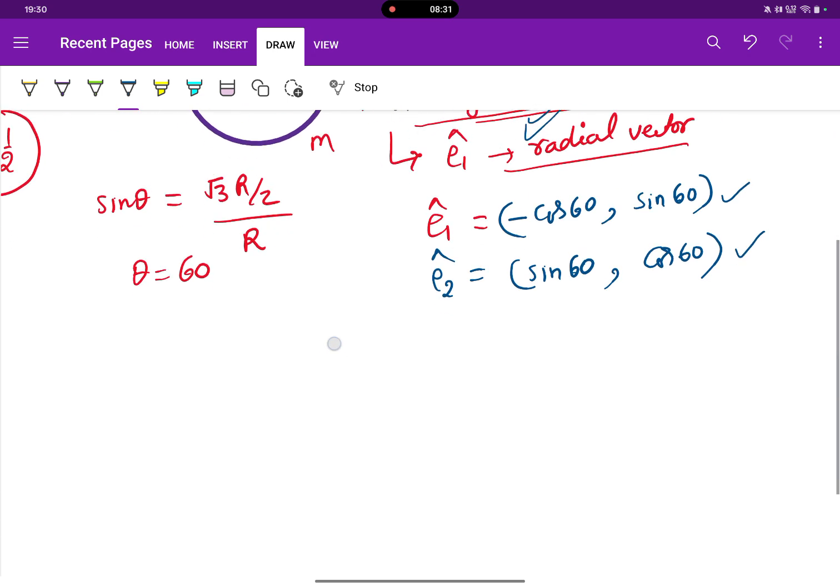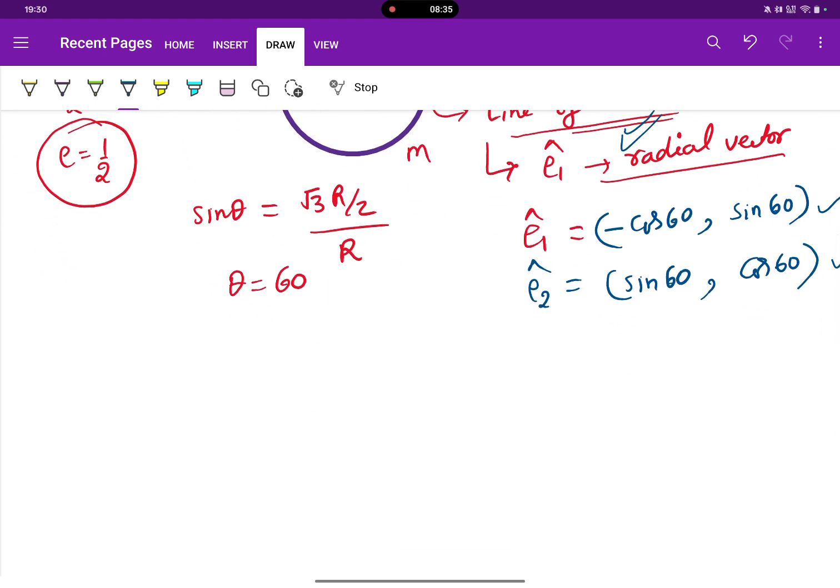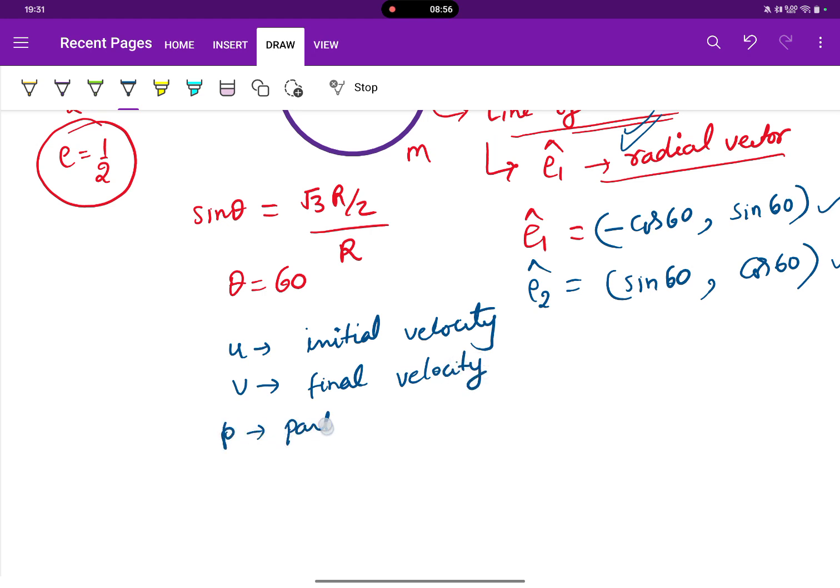Now what I am going to do is assign u as the initial velocity, and v as the final velocity, and I am going to denote p for particle and d for disk, capital P or small p, whatever you want to choose.